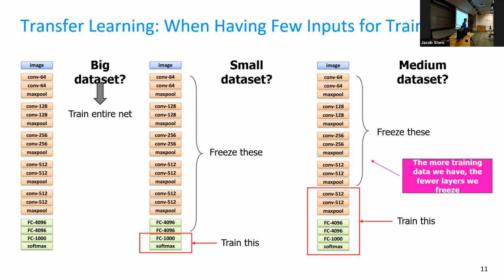Exactly. We start with this super good feature extractor, which is basically the trunk of the network, and then we learn a different weighted combination of those features for our new classification task.